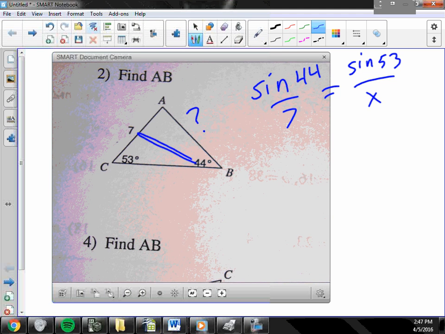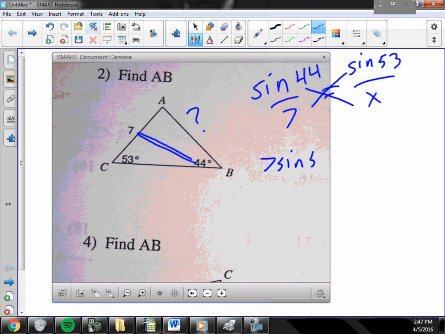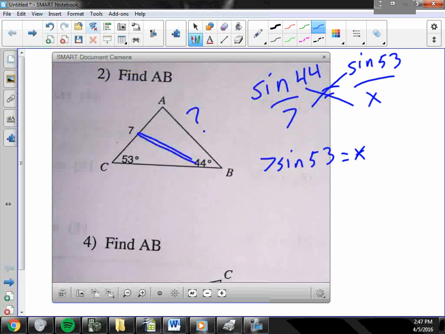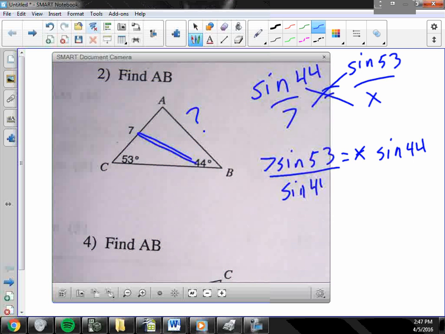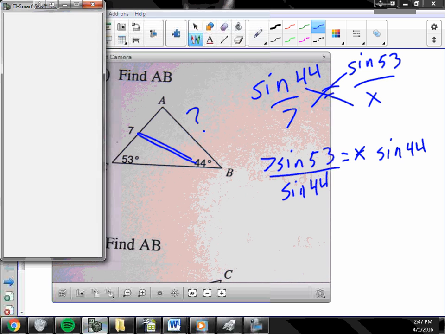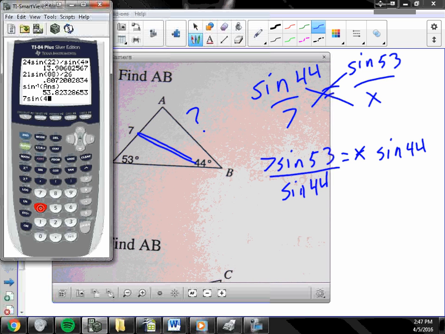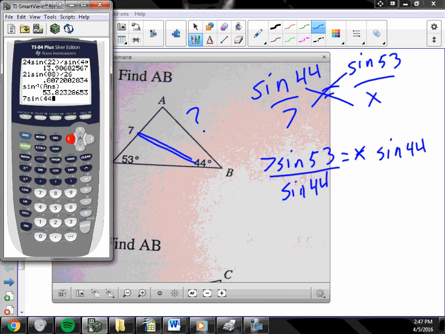How do I solve this? Cross multiply. 7 sine of 53 is equal to x sine of 44. So I divide by the sine of 44. 7 sine of 53 divided by the sine of 44.